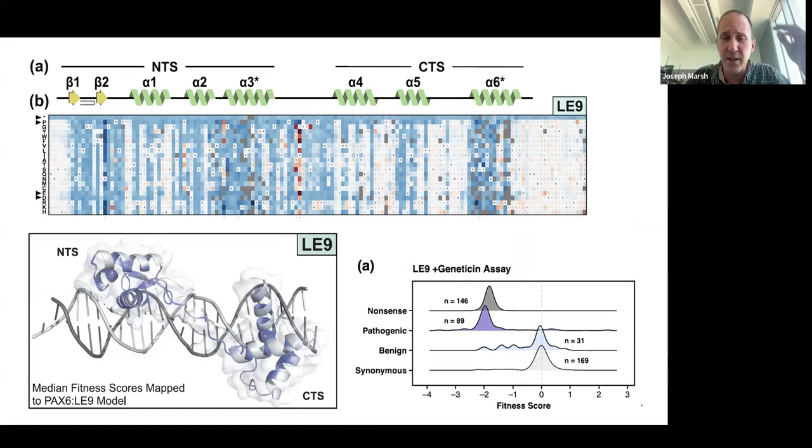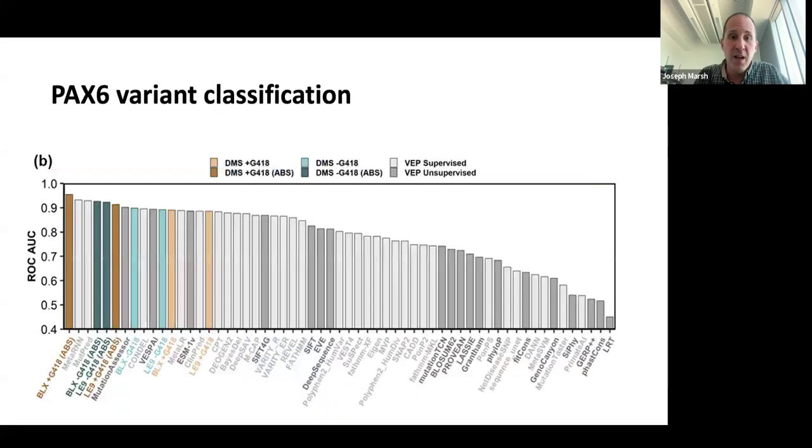And we learned a lot about the biology and the mechanisms of disease from this. We can correlate a lot about the impacts of variants along the length of the protein to the DNA binding sites and the presence of alpha helices within the structure of the protein. And we get very good discrimination between the fitness measurements in our experiment from known disease-causing variants and variants that are known to be benign.